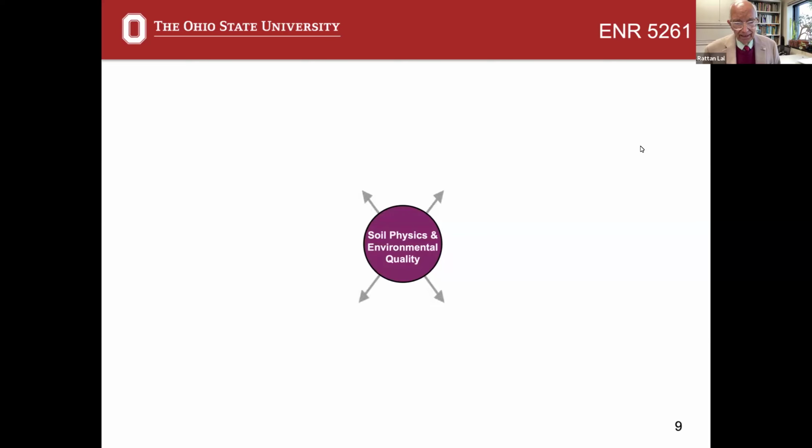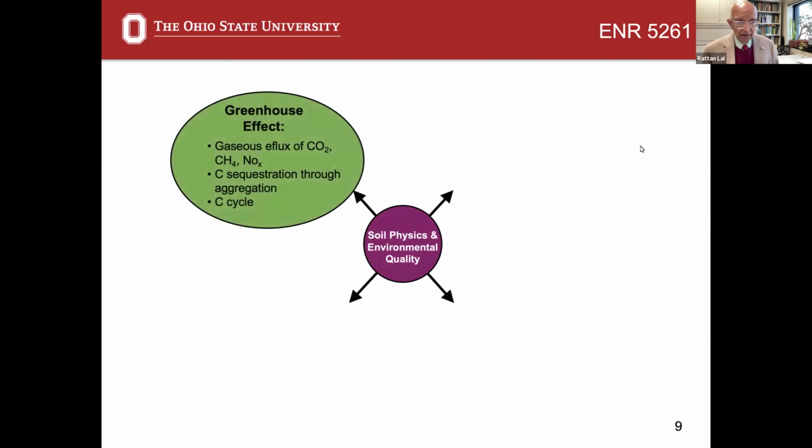So soil physics then, in relation to environment quality, we look at the greenhouse effect, that is the gaseous emission from soil, CO2, CH4, NOx. NOx is the many: NO, N2O, NO2, NO3, and so forth. Carbon sequestration through aggregation of soil, and the global carbon cycle.